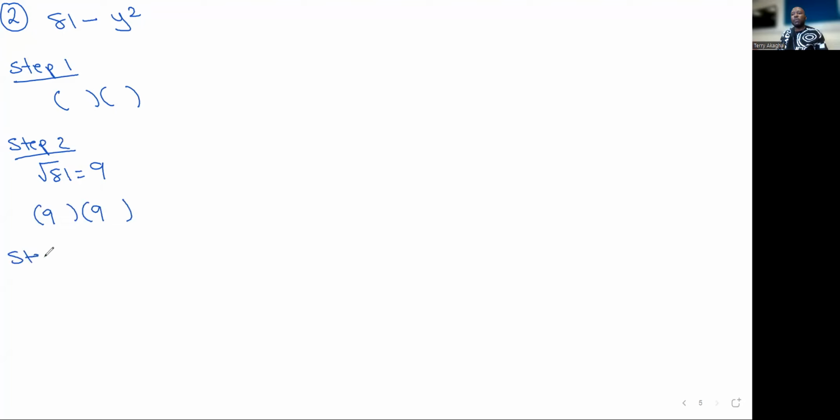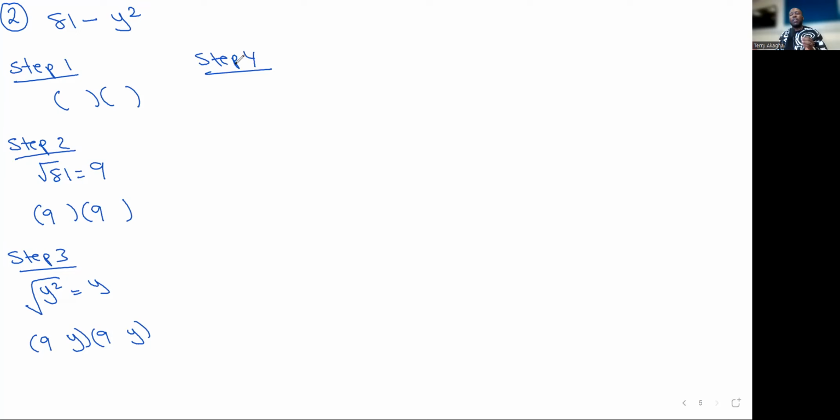Step 3, we then have to find the square root of the last term, which is y squared. The square root of y squared is going to give us y. I will put it on the right-hand side. So it's going to give us 9y, 9y.